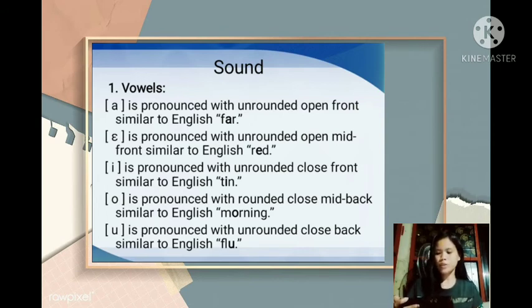E is pronounced with unrounded open mid front, similar to English red. I is pronounced with unrounded closed front, similar to English thin. O is pronounced with rounded closed mid back, similar to English morning. U is pronounced with unrounded closed back, similar to flu.